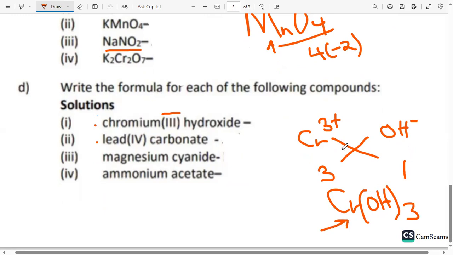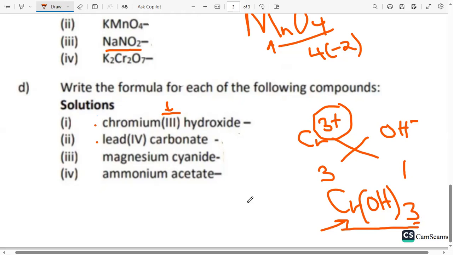This chromium has a +3 because it's using a valence of 3, and this hydroxide has a charge of -1. To balance those charges, we put 3 of the hydroxides. No wonder we are seeing this 3 here. So chromium 3 hydroxide will just be what I've written here.